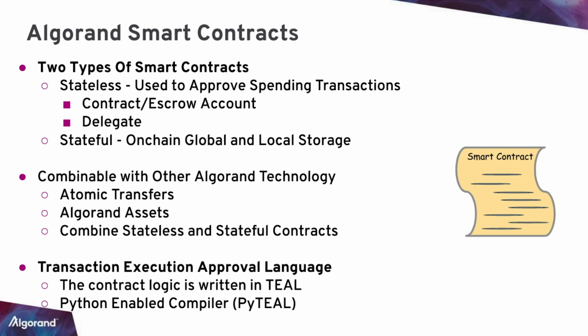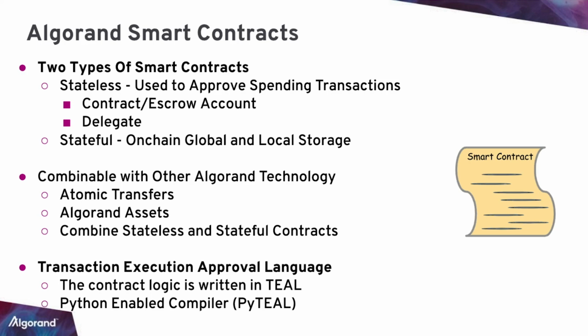And while stateful contracts currently don't approve spending transactions, they can be made to approve spending transactions by atomically grouping those with a call to the stateful smart contract. So that's one key area, and you'll see in a lot of the applications that we build, we almost exclusively use atomic transfers to do things like this, and I'll show an example of that.